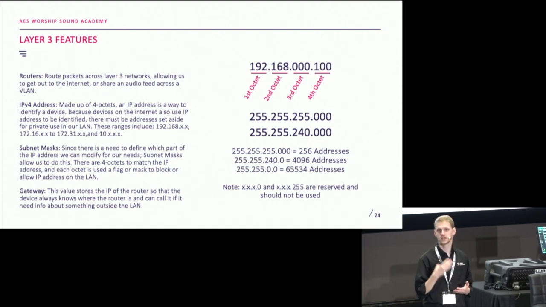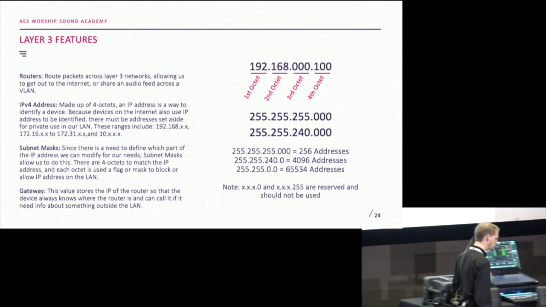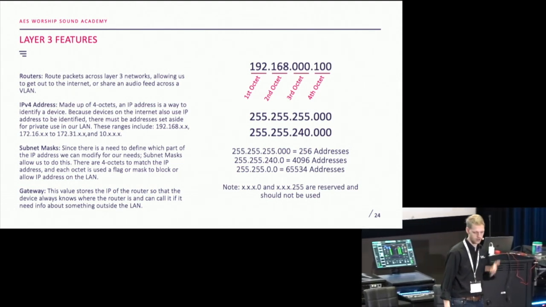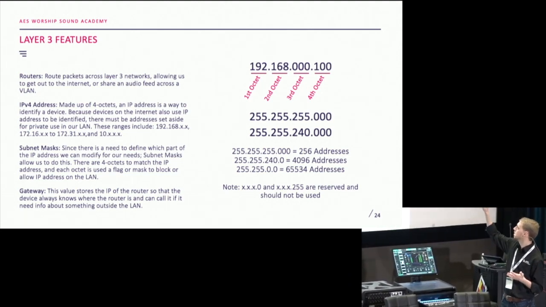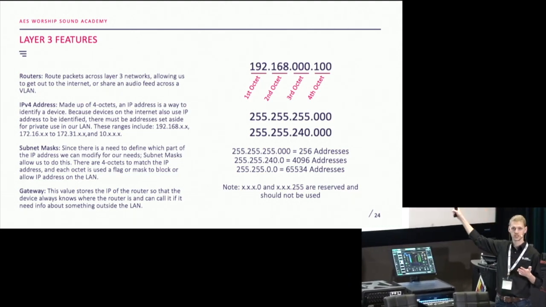So all the devices that you want to communicate must have the same subnet address. So if you've got 254 devices that you want to talk, they all must be 255.255.255.0, and then the first 3 octets must also be the same.